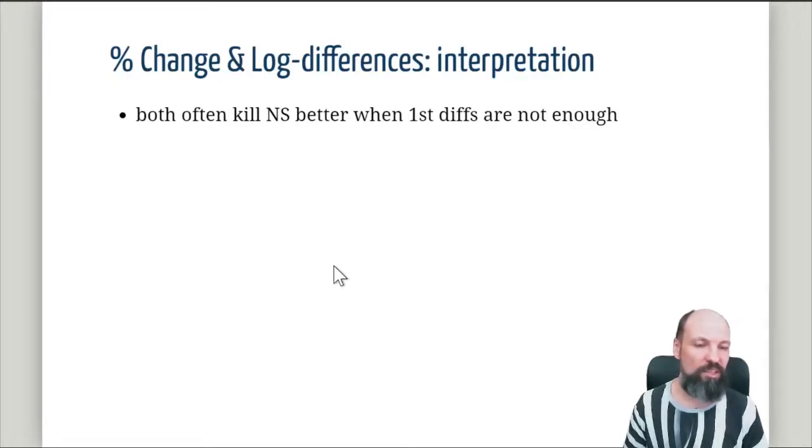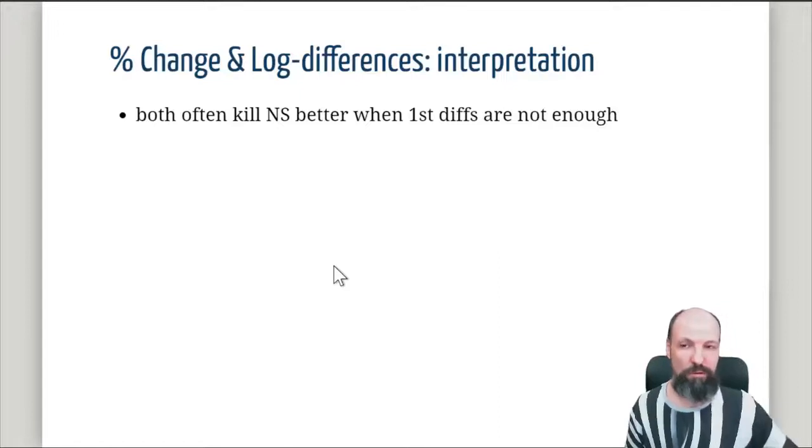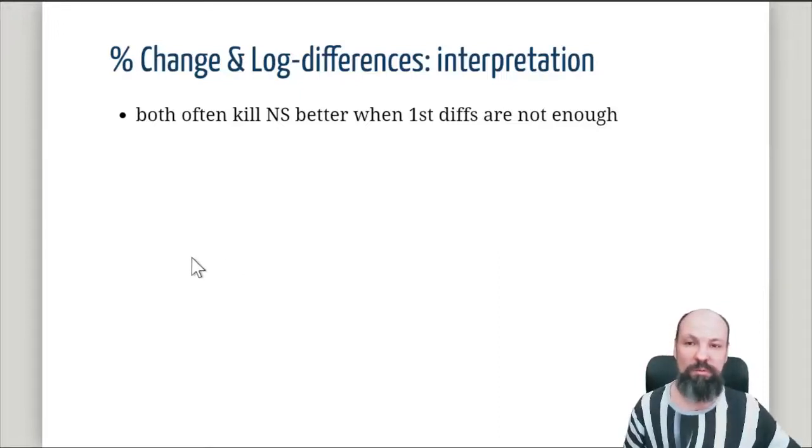In macro data, such as huge, low-frequency series like GDP and other macroeconomic flow data, percentage changes are used because they are easier to interpret, especially when a log difference cannot be interpreted as the percentage change because of the high values of those percentages, because the approximation doesn't work. But overall, they are close to each other.